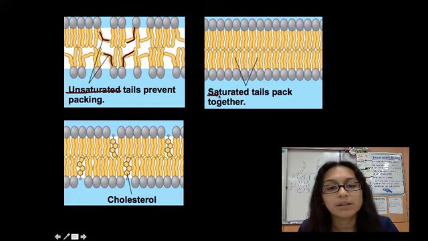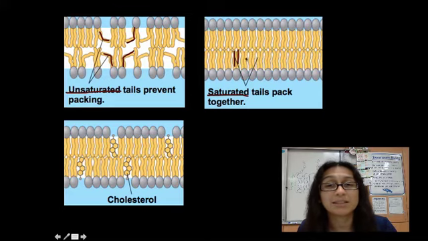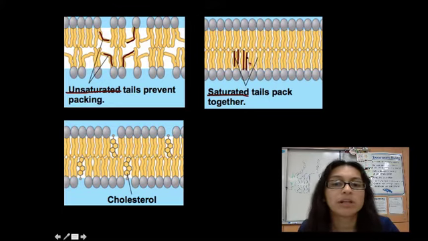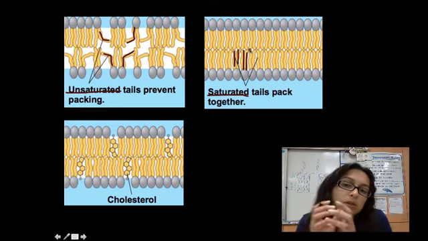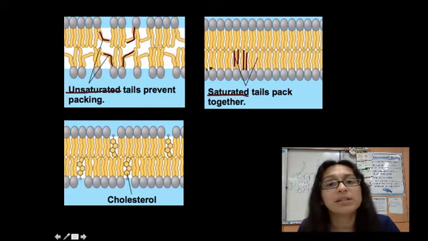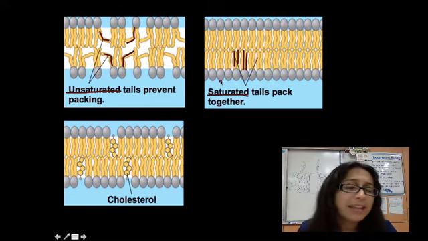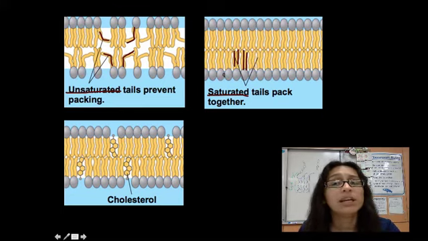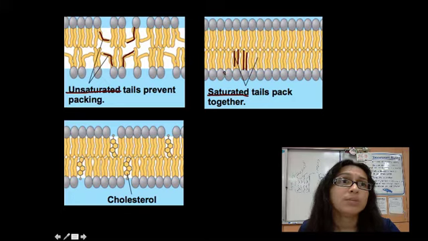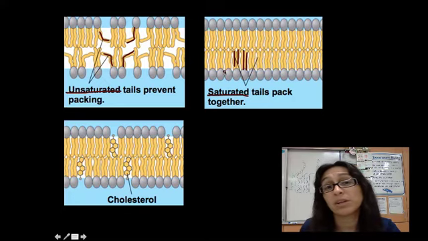Whereas with saturated, a cell membrane that has more saturated fatty acid tails, you can see how much more compact this is. It compacts really close together because there are no kinks and stuff like that. So here you have more close compaction and less fluidity of the cell membrane. And this is important in order to maintain good fluidity, and it's going to be impacted by where many organisms live.